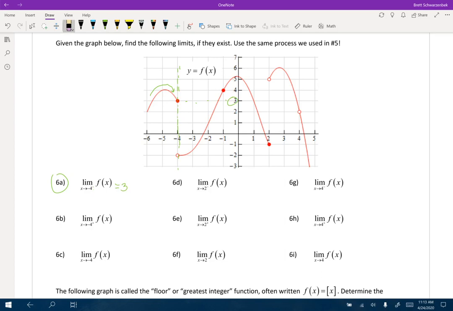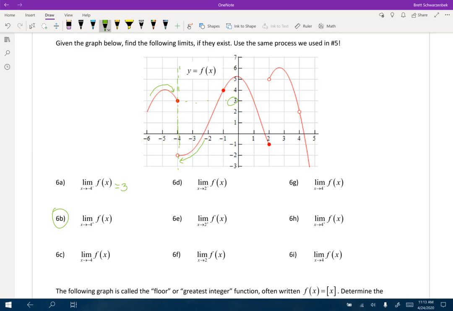Now, what if we are approaching it from the right side? Where is there something drawn on the right side? There's nothing up here anymore, so that's out of the picture. It looks like from the right side to approach -4, we're down on this slope down here. If we're approaching -4 from the right side, what height are we approaching this time?